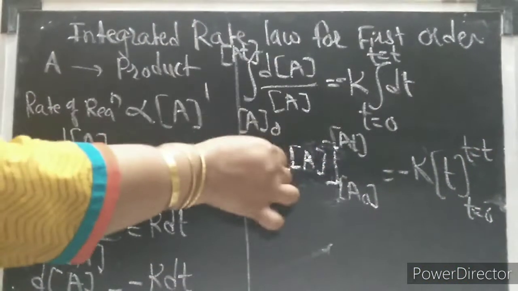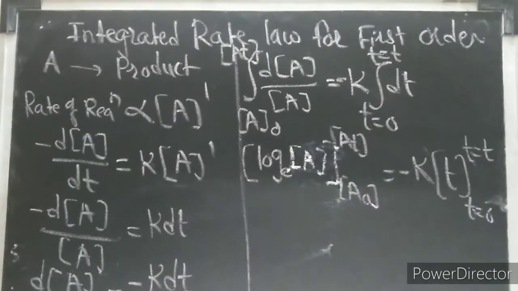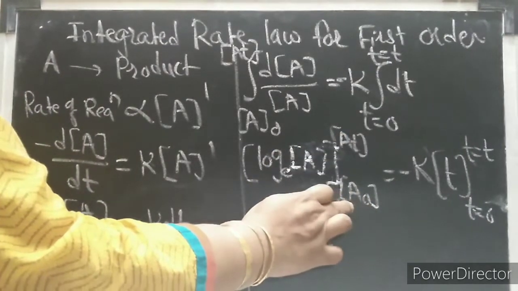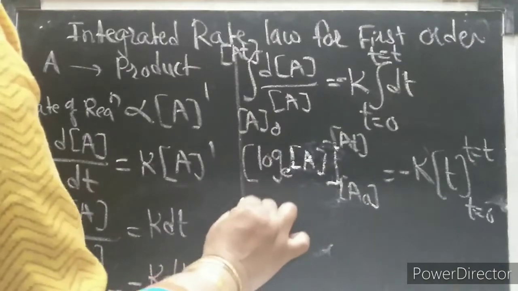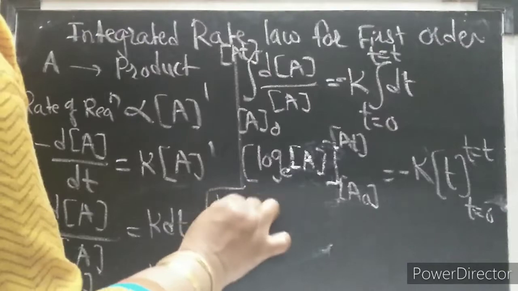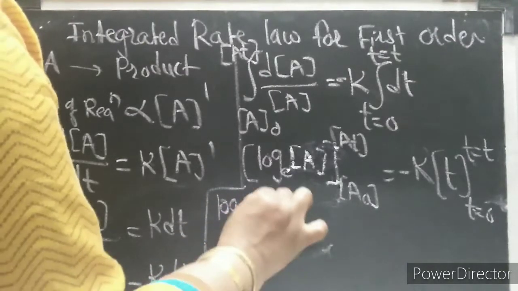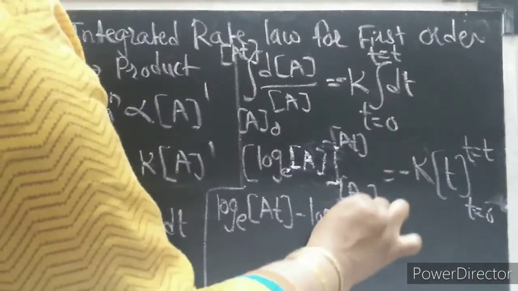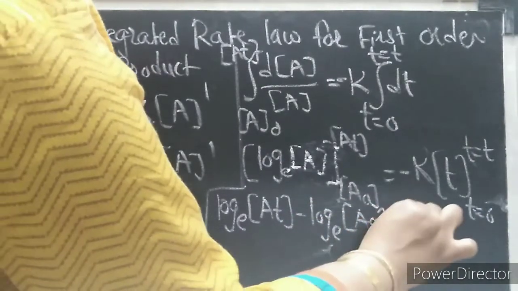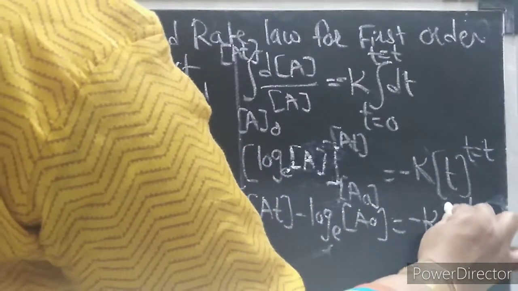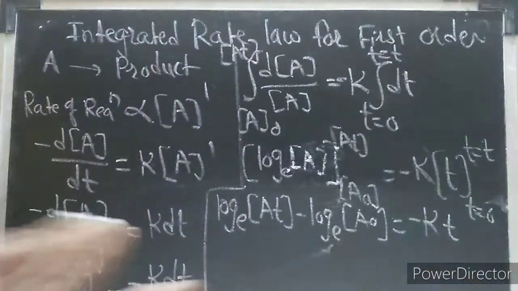Now we have already done the integration part. Now solve the limit. How to solve the limit? Substitute the higher limit minus lower limit. Which one is the higher limit? At. And which one is the lower limit? A0. So continue with the step. Log to the base e, higher limit is At, minus log to the base e, lower limit A0, is equal to minus K. Substituting the value t is equal to t, and t is equal to 0 means 0.